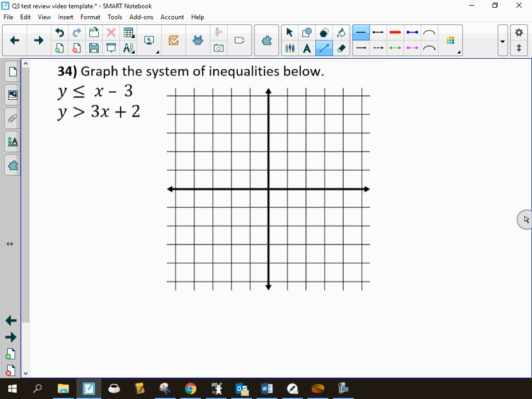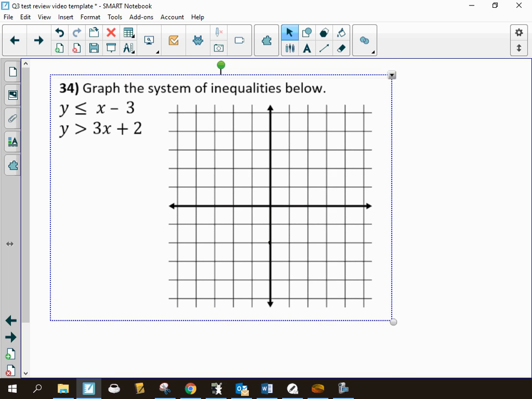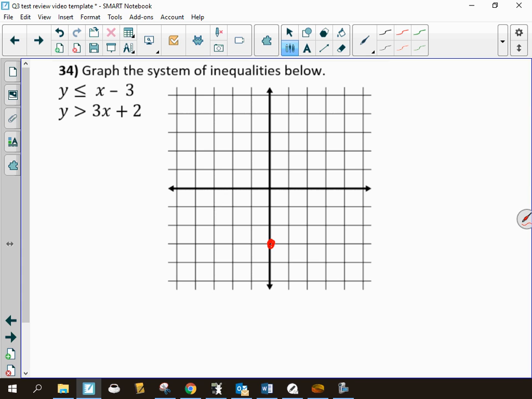So to graph this, how would we graph y equals x minus 3? Well, we have a y-intercept of negative 3 and a slope of 1. And it's less than or equal to, so we will have a solid line.